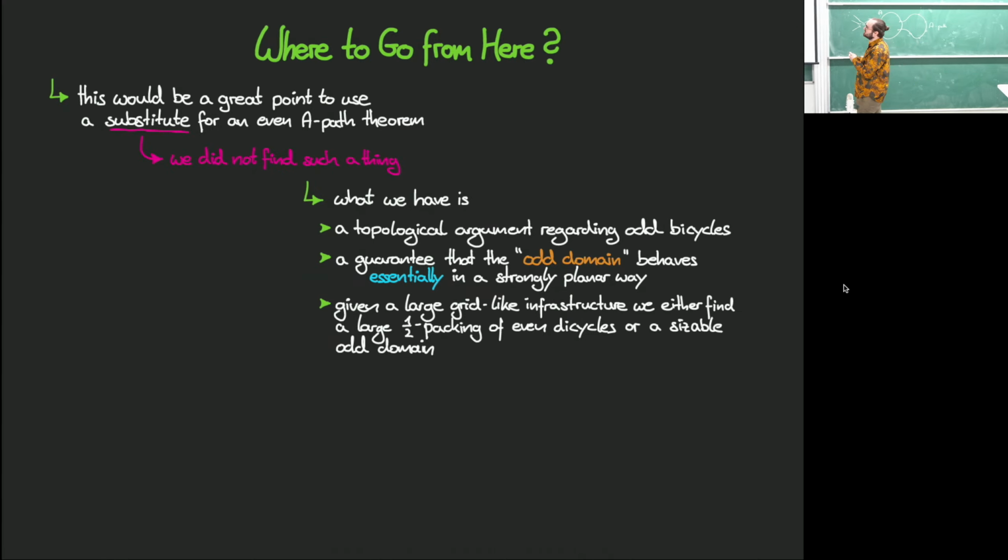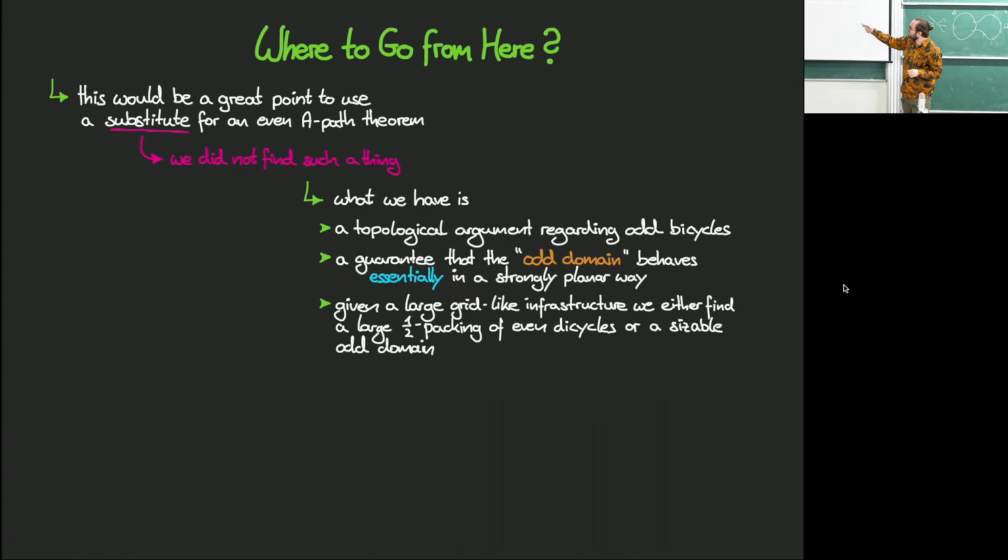We have some topological argument regarding these odd bicycles that generates even dicycles. It's a bit of a conundrum here. So odd bicycles always have even dicycles. We can somehow guarantee that if we have an odd domain, so an area in the graph where there is no even cycle, then this behaves in a nice topological way, so strongly planar.